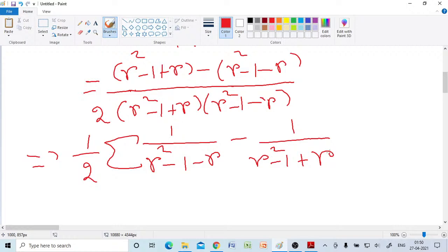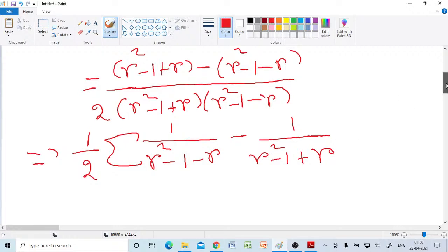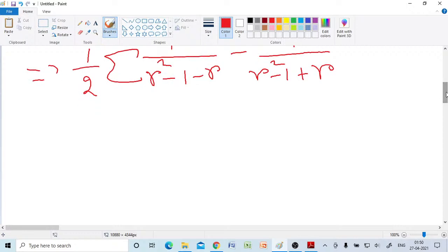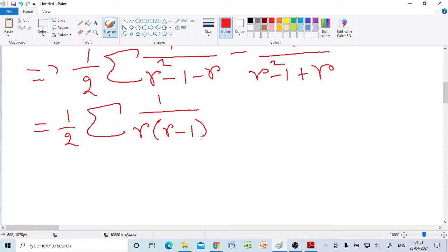Okay, so let's do a bit more factorization. One over, we can take r common from here, so we'll have r times r minus 1 minus 1, minus 1 over r times r plus 1 minus 1.